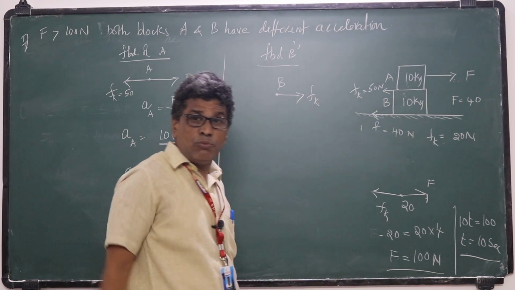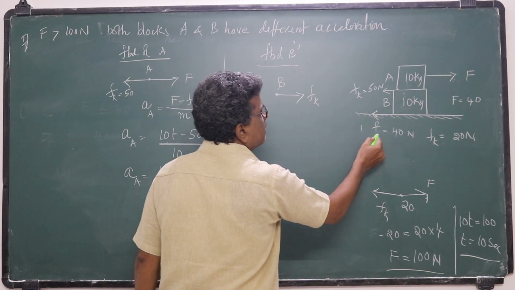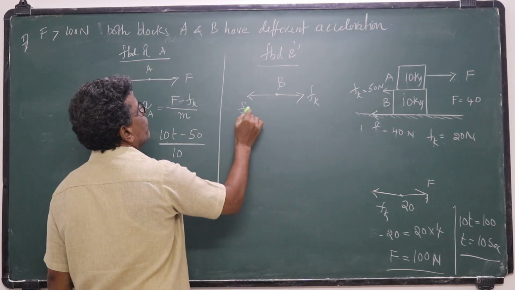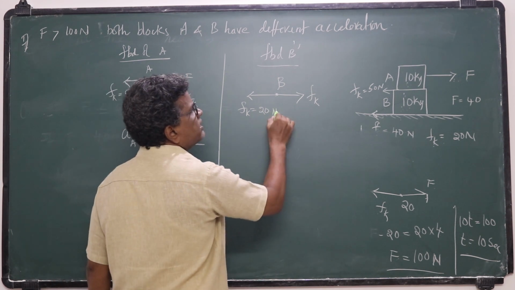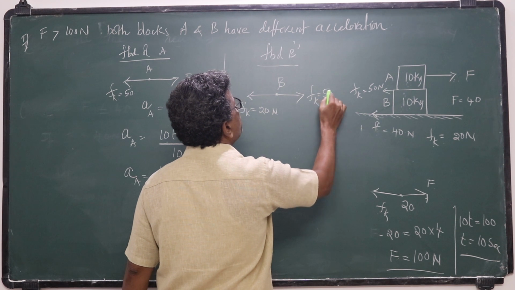Block B moves due to the frictional force Fk, which is opposed by this 20 newtons. So this is 20 newtons and this is 50 newtons.